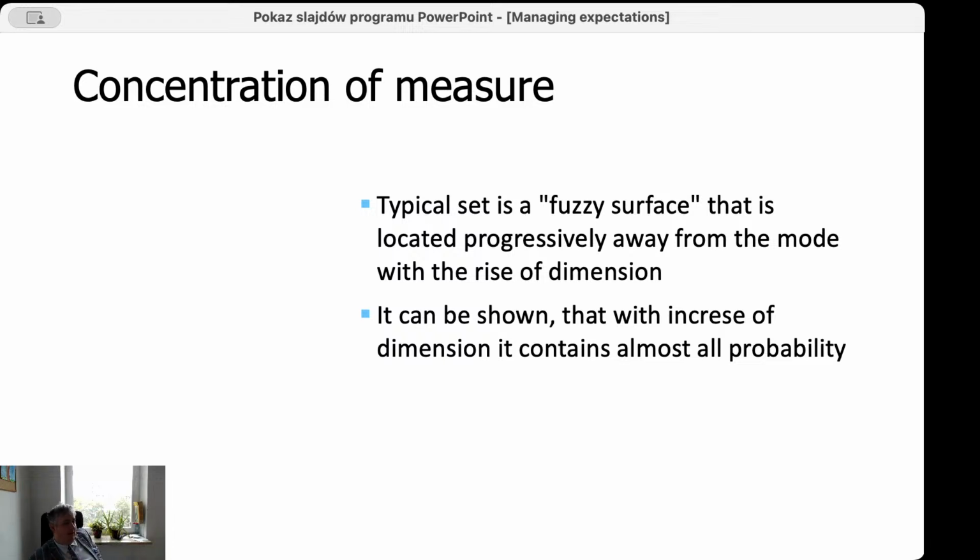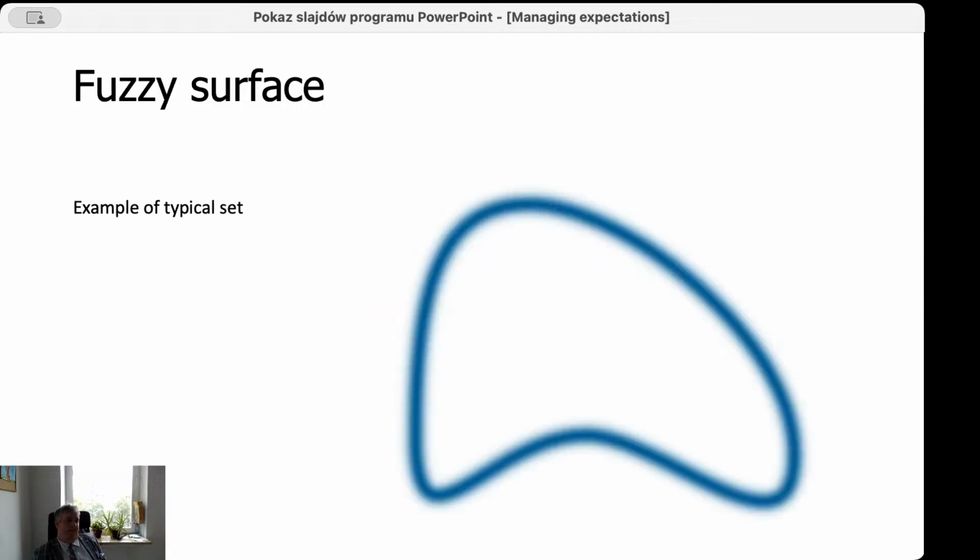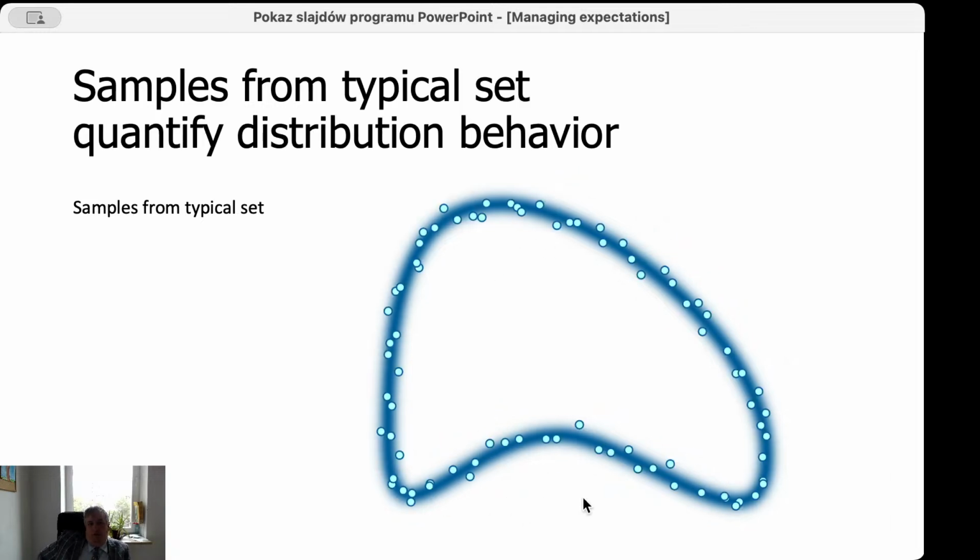We won't be doing that, but you will have to believe me that increasing this dimension will further and further put most of the probability in the typical set. An example of the typical set is some kind of fuzzy surface without well-defined borders, just some kind of fuzzy representation.